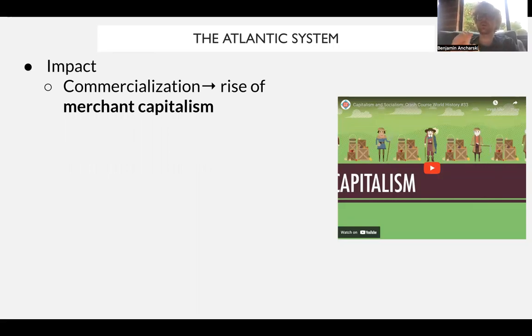This is something that we describe as a cause of the commercial revolution, and that is going to lead to a rise of an economic system known as merchant capitalism. We'll contrast merchant capitalism with industrial capitalism in Unit 5, but we are going to see the development of a more capitalistic economy in European states.